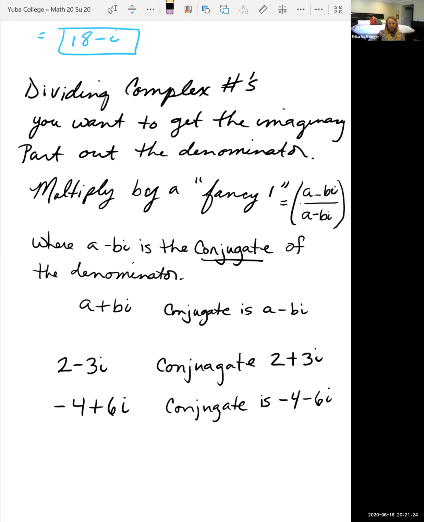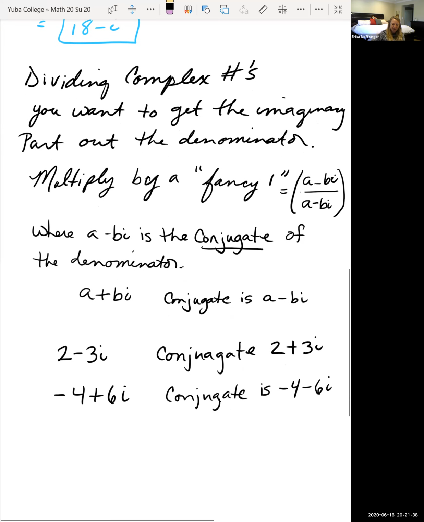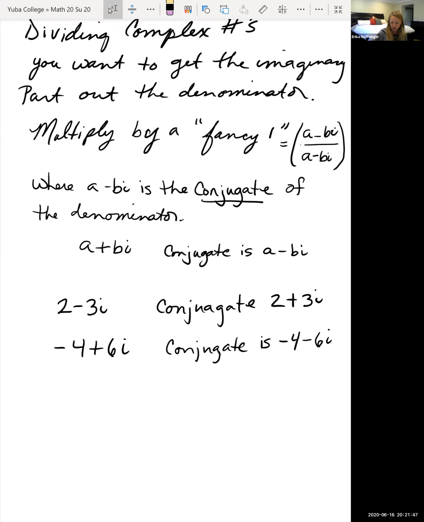If you rewrote it as a factor that looks like a difference of squares, a squared minus b squared factors as a minus b, a plus b. When you square that radical, which you are trying to get rid of in the denominator, it goes away. And so we're using that fact in order to get rid of what we need to in the denominator and rewriting it in a different form.